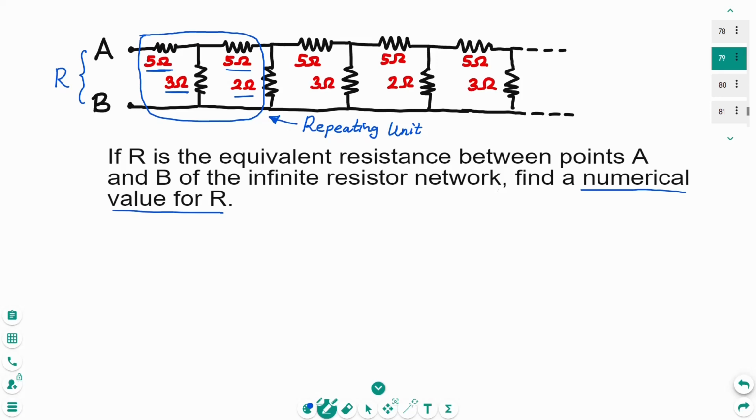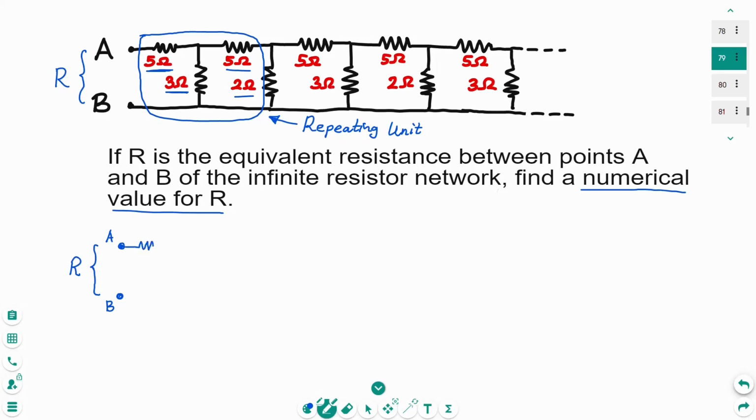So with that in mind, I'm going to redraw this infinitely long resistor network. So this is how I'm going to do that. So I have the endpoints A and B, and they are saying that between A and B, the equivalent resistance is R. So that's not going to change. And then to the right of A and B, I am going to draw that repeating unit.